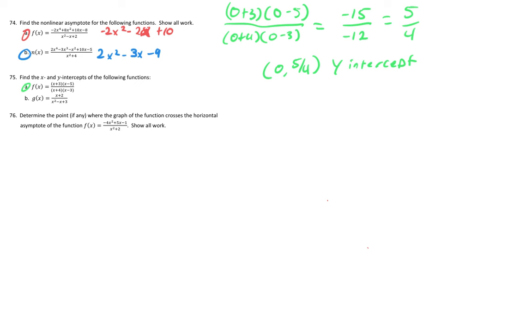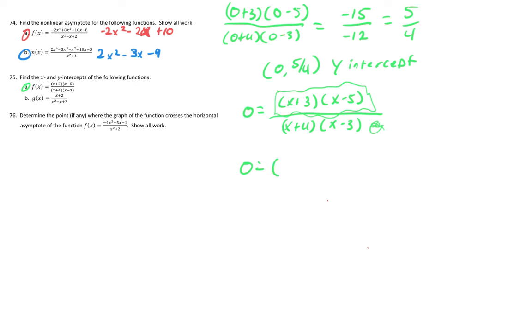Okay, the x-intercept is whenever the y equals 0, so we can set 0 equal to x plus 3, x minus 5 over x plus 4, x minus 3. So as long as the zeros on the top do not make the denominator 0, we only need to find when this equals 0.